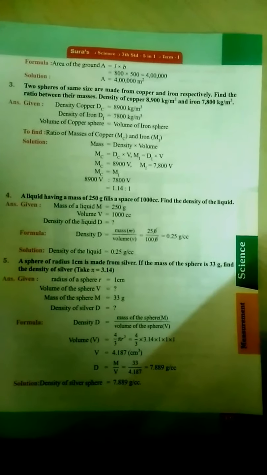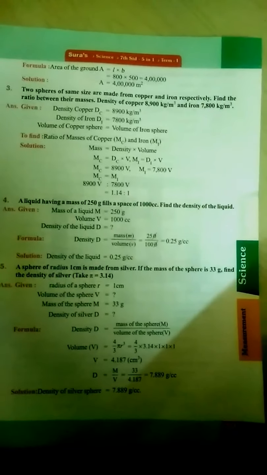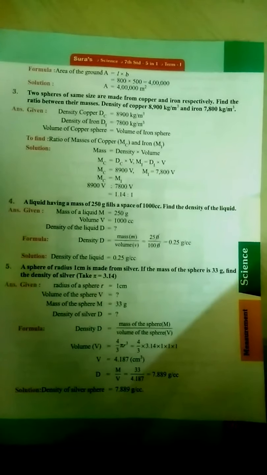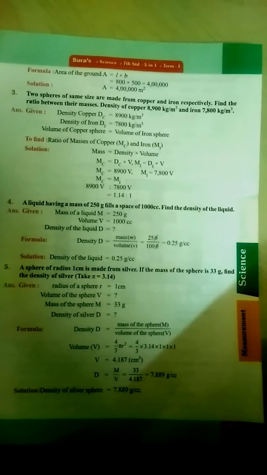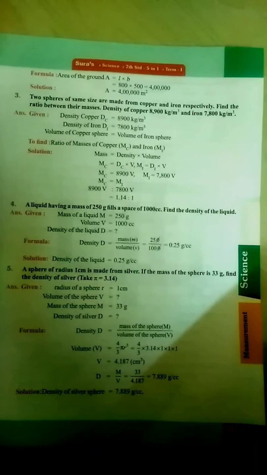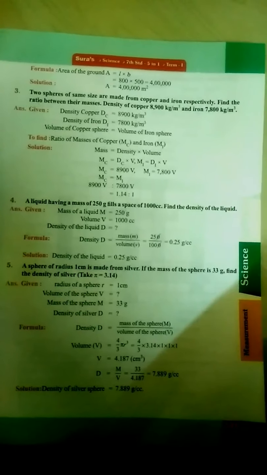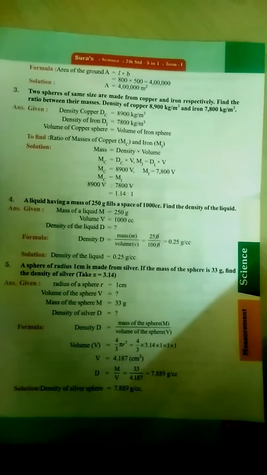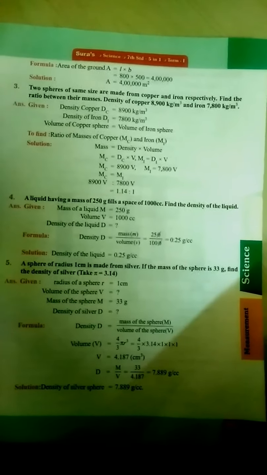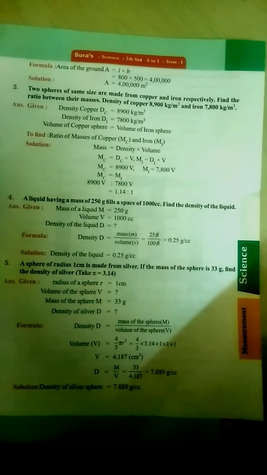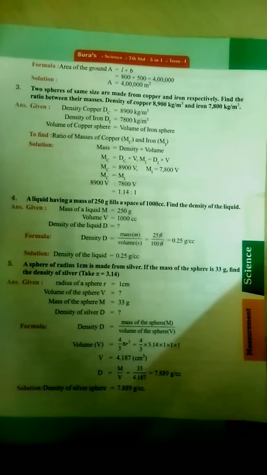The general formula is density equals mass by volume. If you change the formula, mass equals density into volume. So mass of copper is dc into v and mass of iron is d1 into v. Taking the two values, the ratio is 1.14 is to 1. That is the answer.